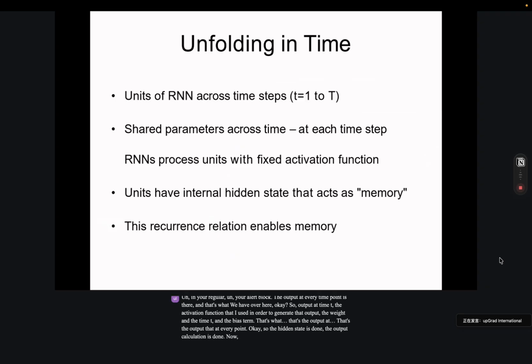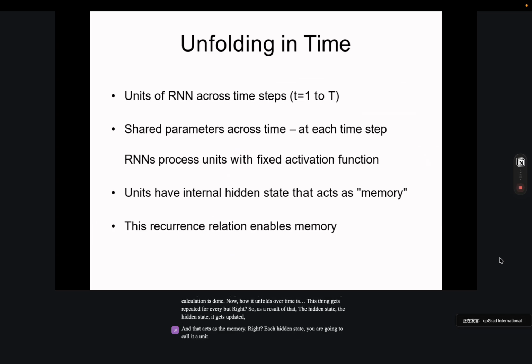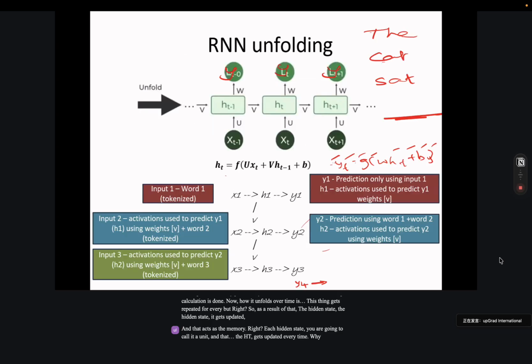Now, how it unfolds over time is this thing gets repeated for every word, right? So, as a result of that, the hidden state gets updated, and that acts as the memory, right? Each hidden state you are going to call it a unit, and the HT gets updated every time. Why? Because it is getting more and more input, right?